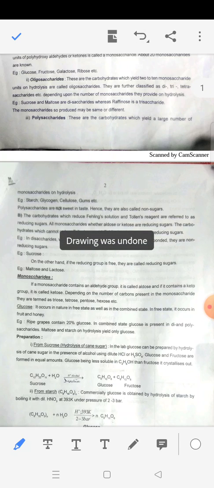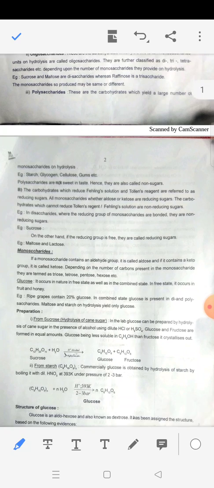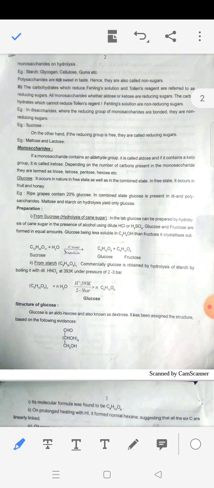So let's begin with the monosaccharides. Under the monosaccharides, we have to do glucose in detail. If a monosaccharide contains an aldehyde group, then we call it an aldose. And if it contains a ketonic group, then we call it a ketose.